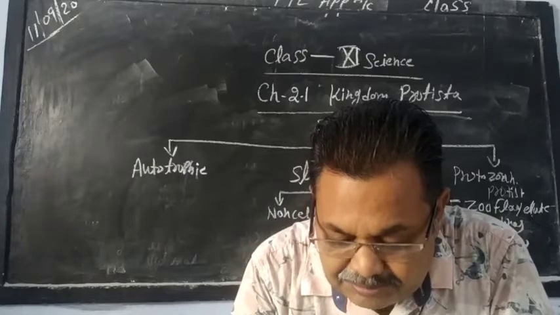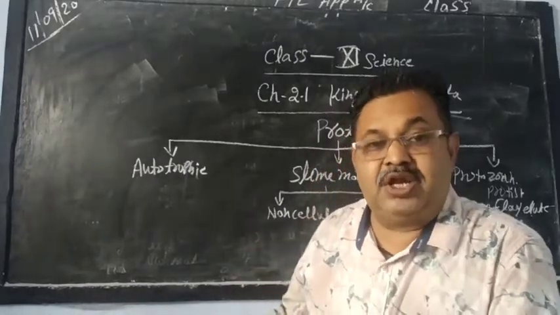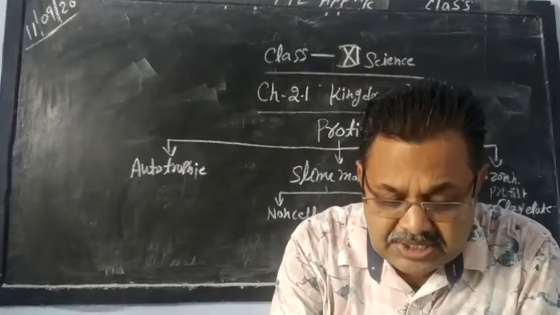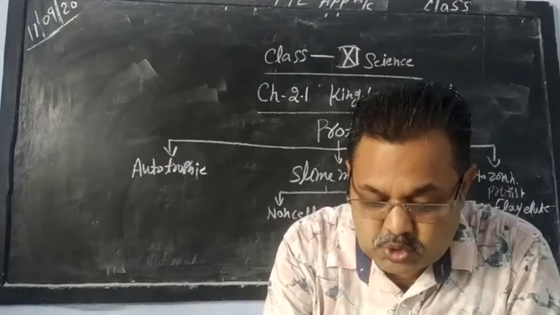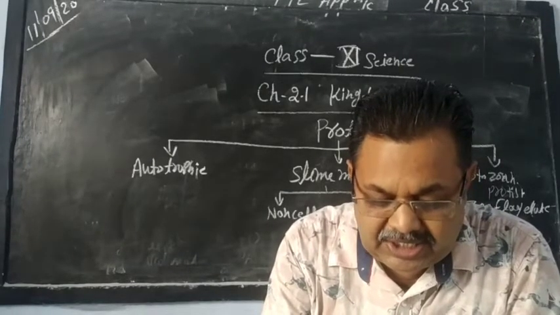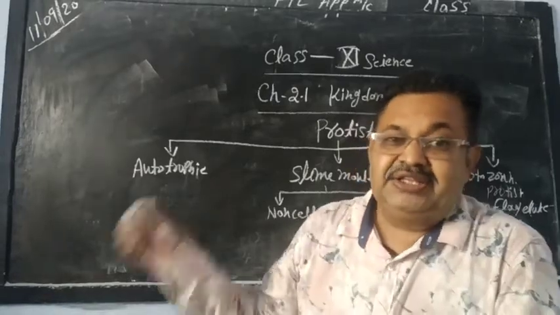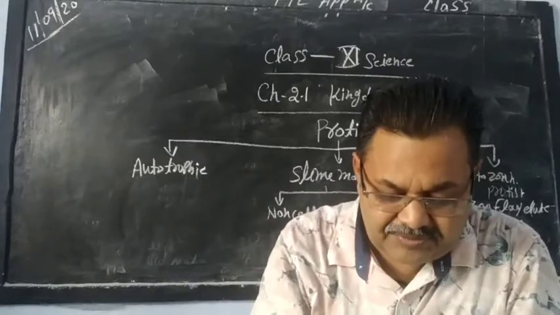The example is slime mold. It cannot prepare its own food. Next one is parasites such as trypanosoma and entamoeba histolytica. These are parasites. They take their food from other organisms.